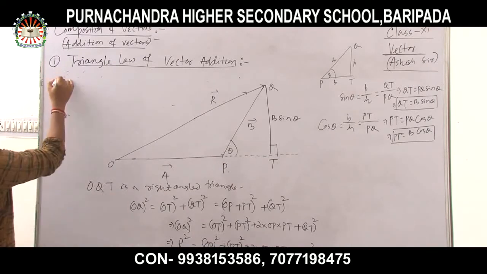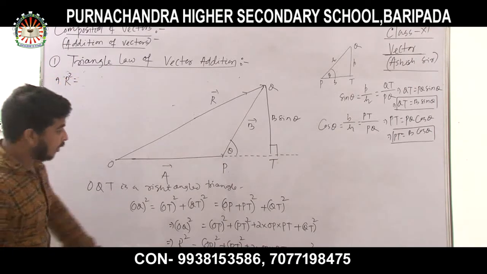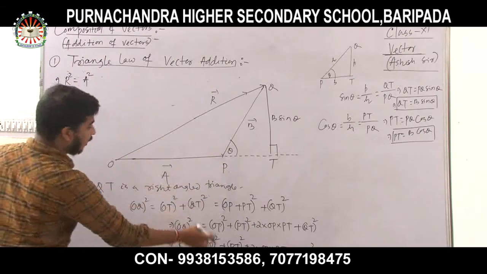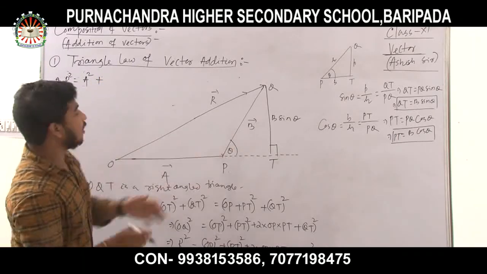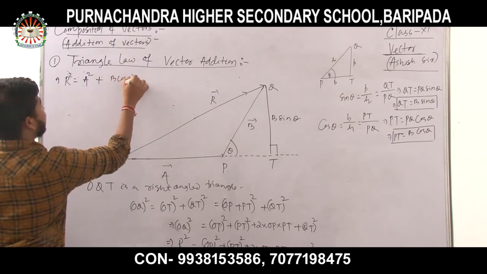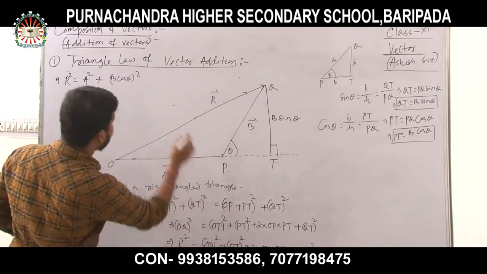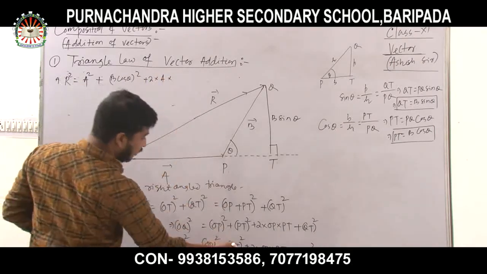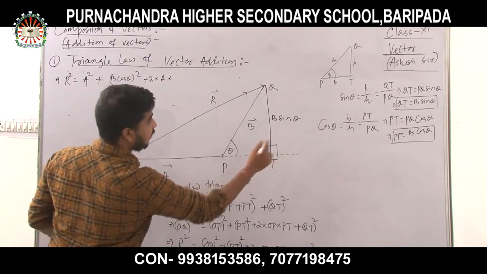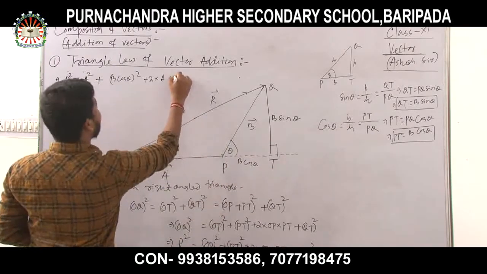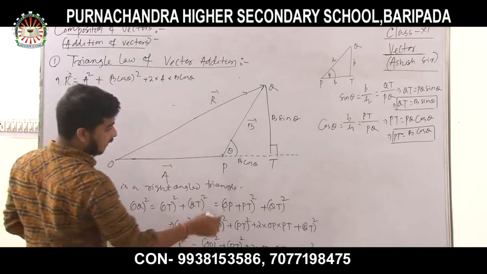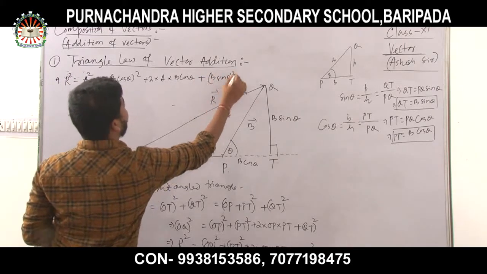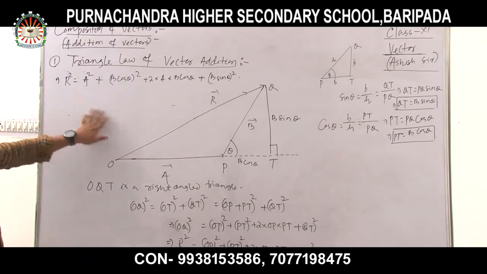So R square is equal to OP, which is A, squared, plus PT, which is B cos theta, whole square, plus 2 into OP, A, into PT, B cos theta, plus QT, B sin theta, whole square. I have just put in the values we found.